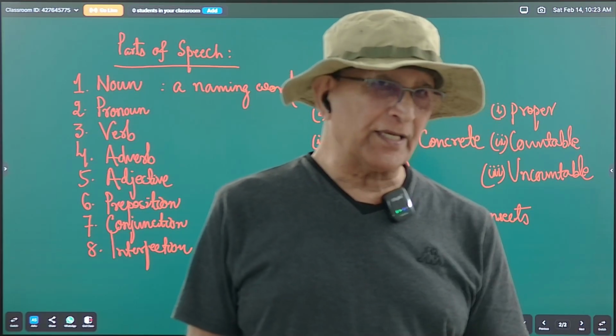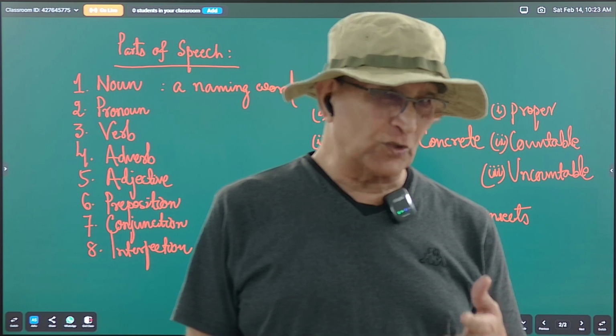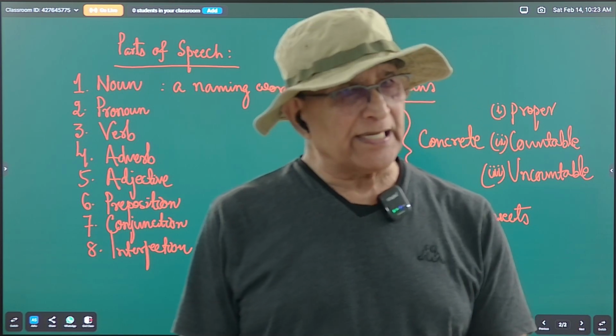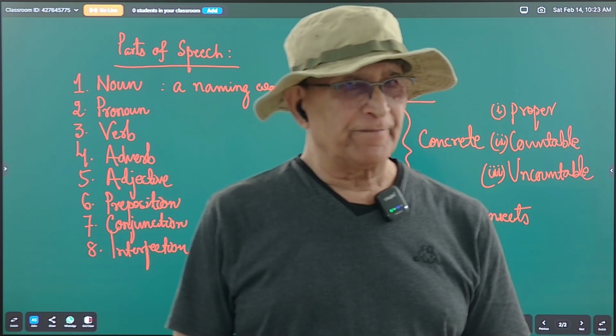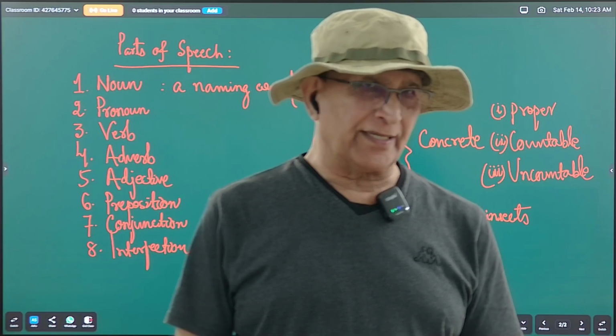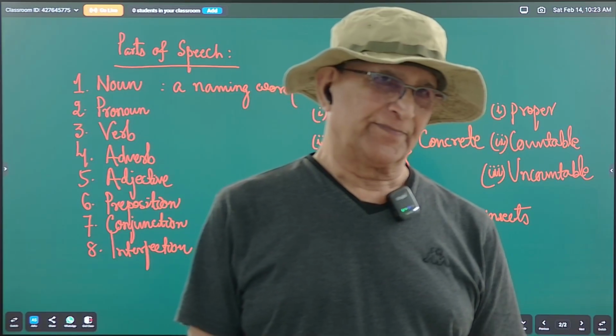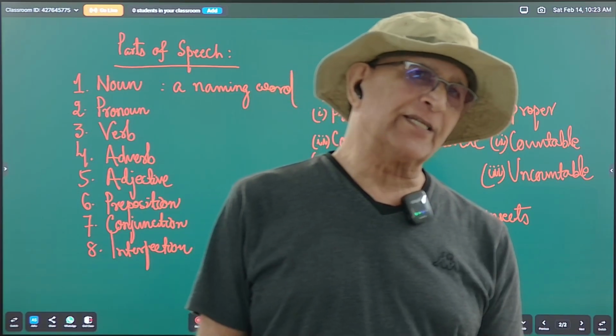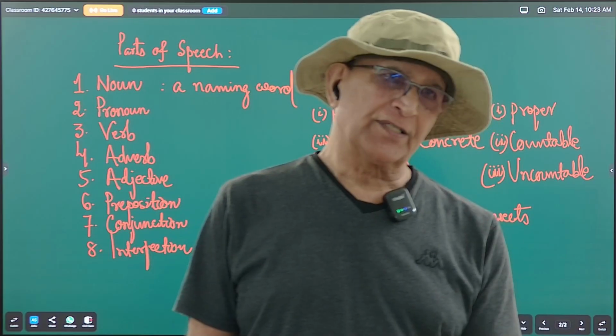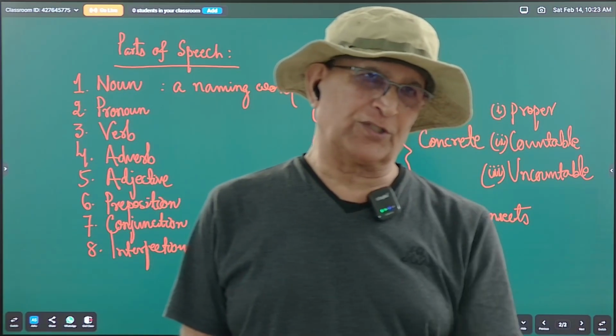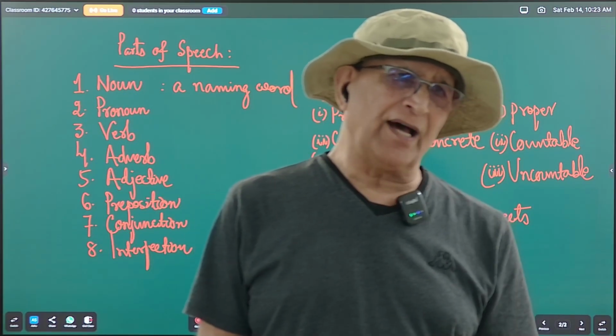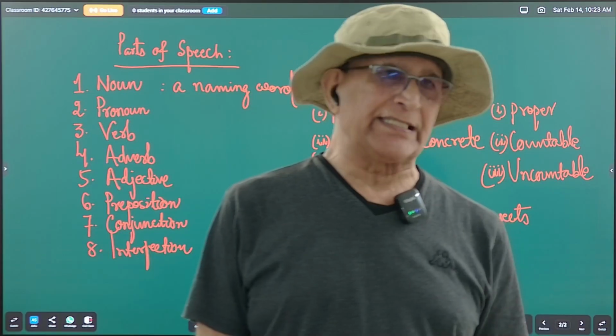So the common idea that you have got from this is that any dress item or instrument or thing having two parts, we always use in plural structure and plural verb also. Trousers are, never trousers is.